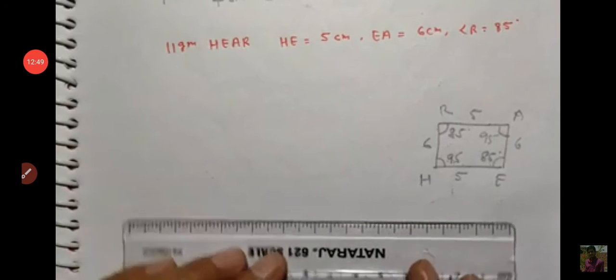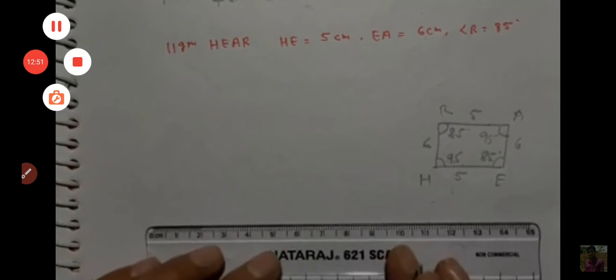This is 95, and now HE is 5 centimeter and EA is 6 centimeter. So we have been given all four sides and all four angles. So you can draw it easily. Okay, understand? Let's draw 5 centimeter.